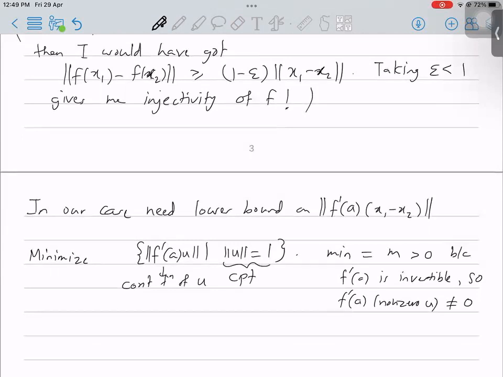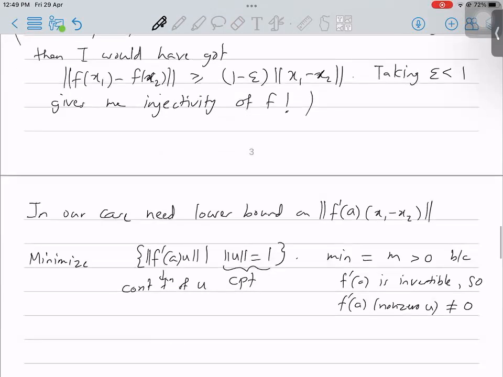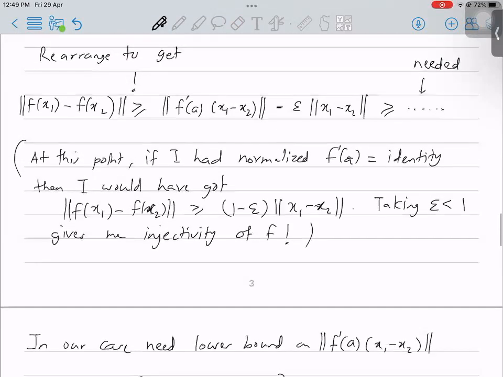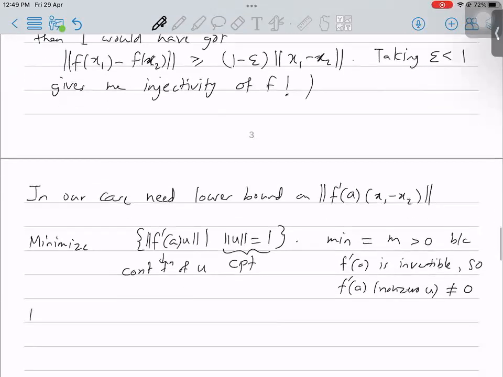So what do I do now? What do I do for epsilon? Choose epsilon to be less than m, and then I'm done. Epsilon less than m.